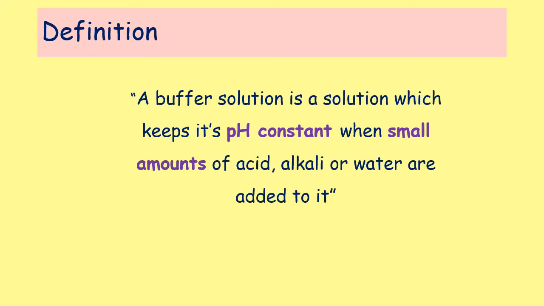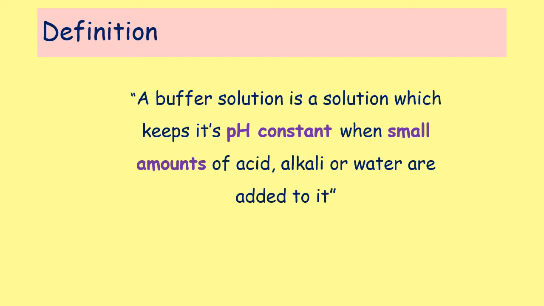So the definition, which I summarized earlier, a buffer solution is a solution which keeps its pH constant when small amounts of acid, alkali, or water are added to it. Now, it's really key that you specify that it's small amounts of acid, alkali, or water, not just acid, alkali, or water in general, because a buffer solution has a tolerance limit.